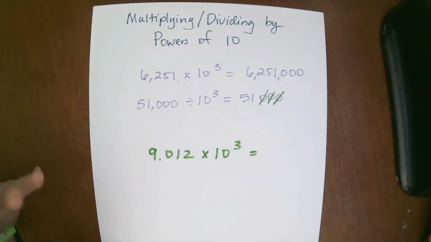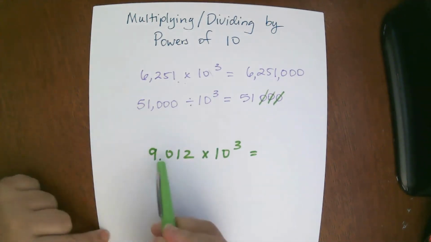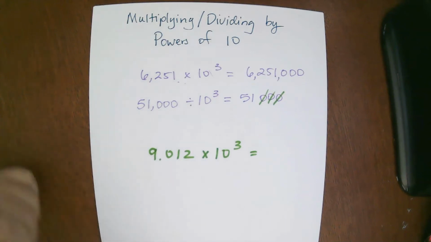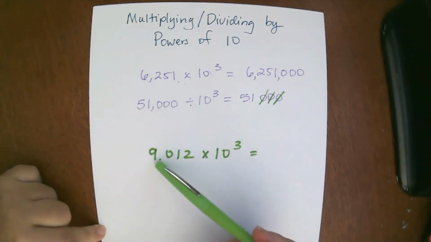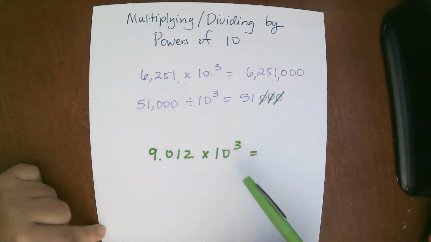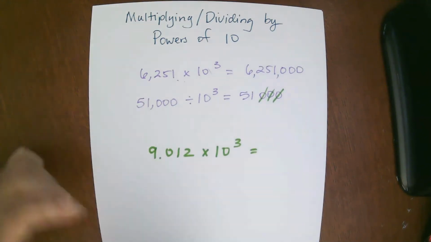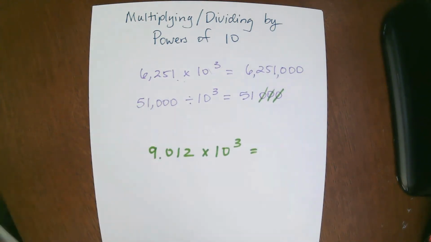So instead of tacking on zeros, this has a decimal place, okay? So if I were to actually go to multiply this out, it would look something like this on a calculator.